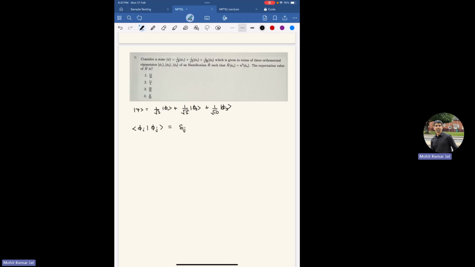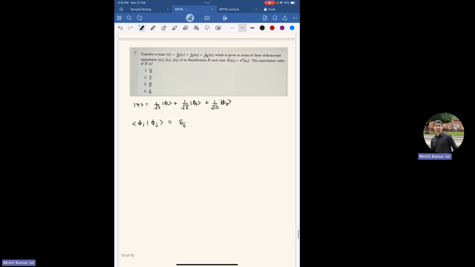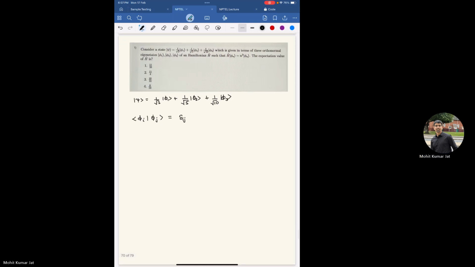Now they have given a Hamiltonian operator h cap, which when operated on wave function phi n gives n squared times phi n. Now the question asks, what is the expectation value of the Hamiltonian h cap?